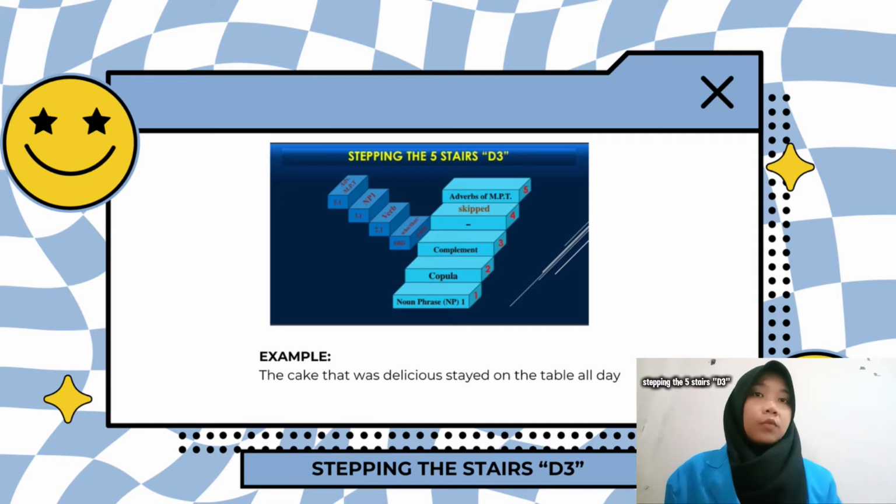When we move to the substairs, it is also SBD. You can add who, that, and which. And then 2.1 is verbs, 3.1 is NP1, and then 5.1 is also adverb of MPT.